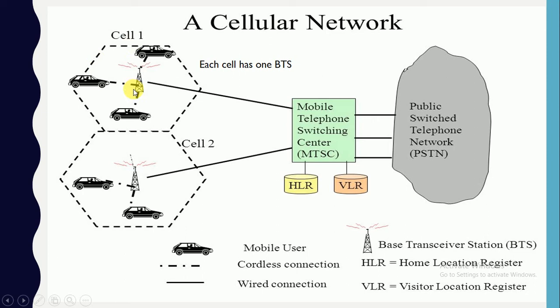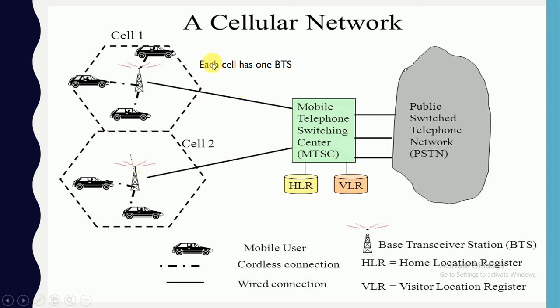In this slide, first of all, see the diagram very carefully. There are two cells. As I have already said, cells are of hexagonal or square shape. Here they are hexagonal, and each cell contains a transceiver, that is a tower here, and antennas.